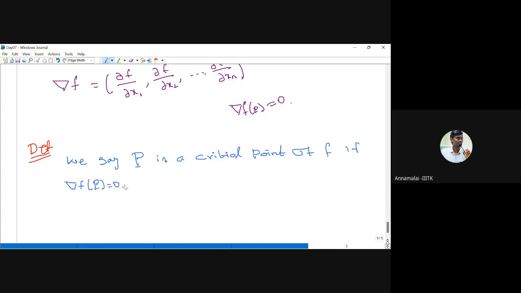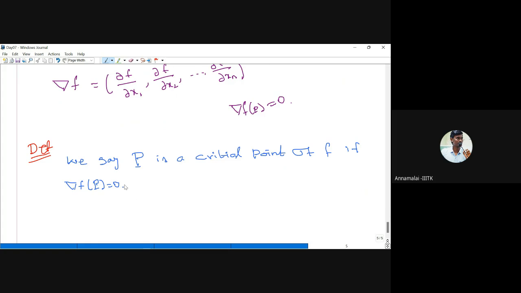But not all critical points are local maximum or local minimum. The converse need not be true. If a function has a local minimum or local maximum, the derivative is always 0 at the point P. But if the derivative is 0, we cannot say f has a local maximum or local minimum.